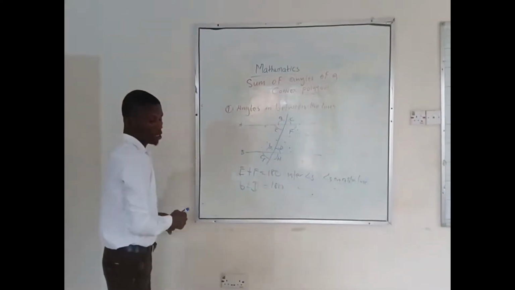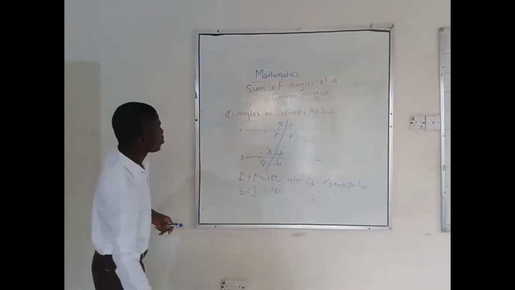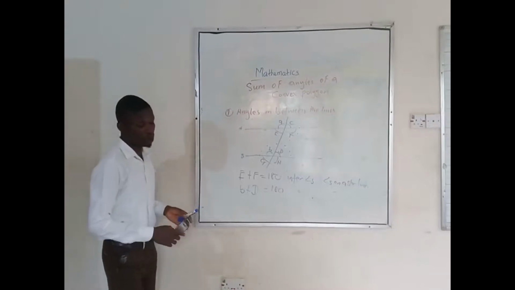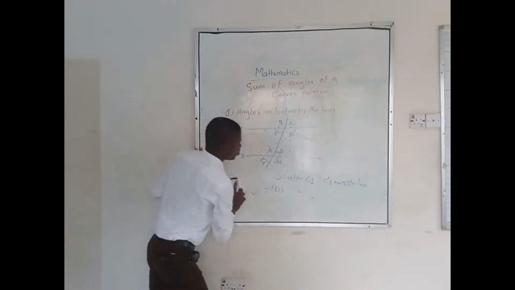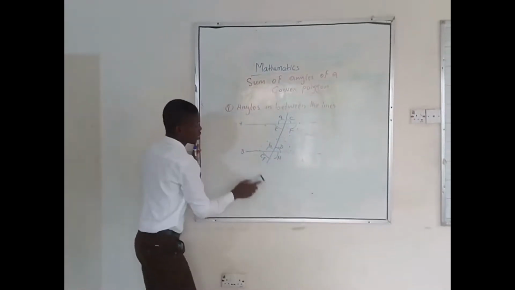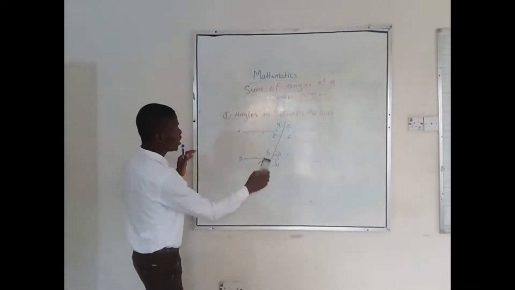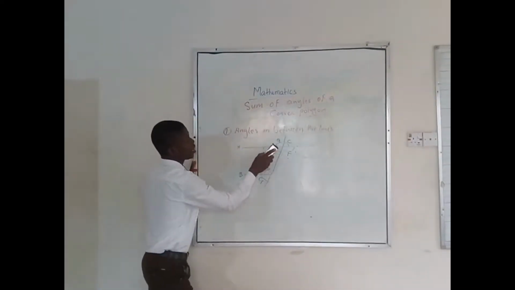Okay, the next one we have to bring out, before we solve one or two examples, is what I call the Z angles, or alternate angles. If I clean this, then I clean this.